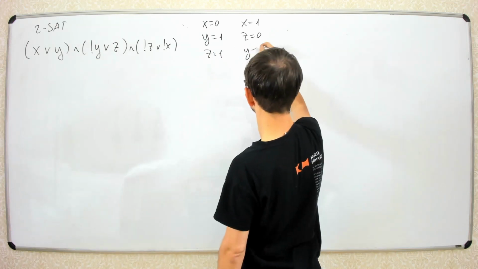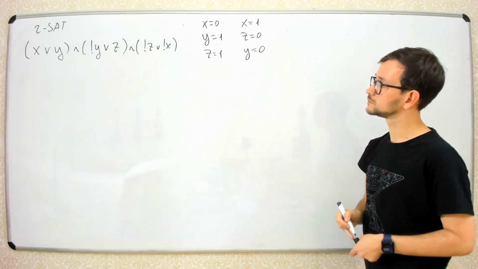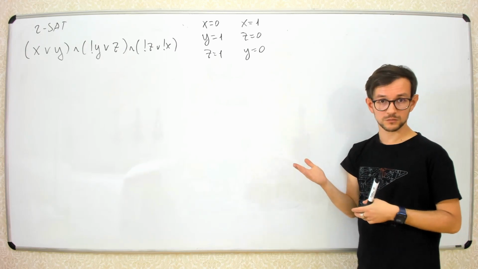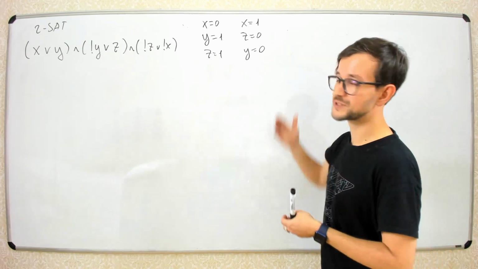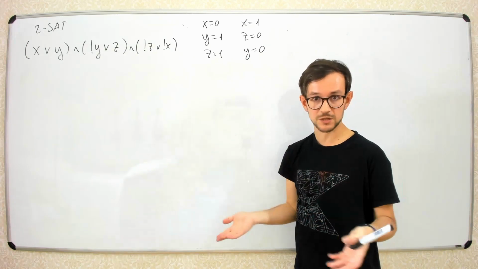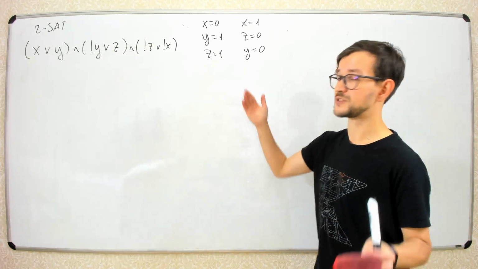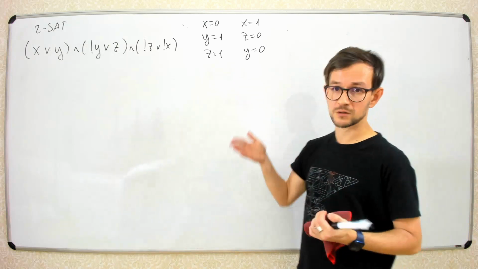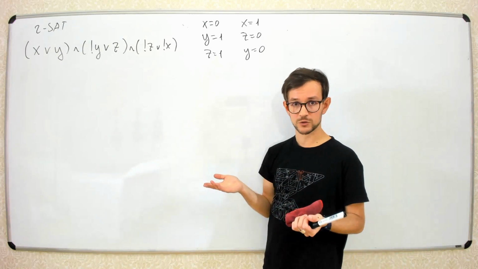So y is 0. That's another solution. So we have two different solutions for the same formula. That's normal. Sometimes you have several different solutions for the same formula. The question is to find any valid solution for this formula.